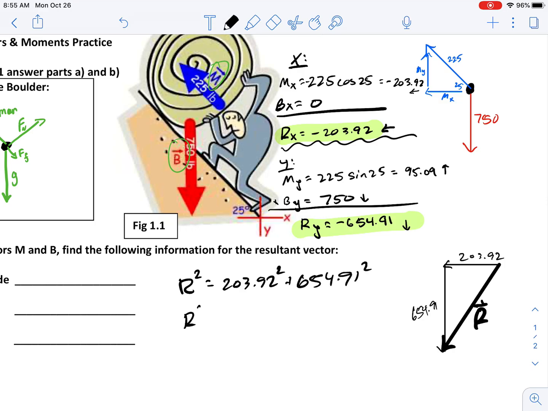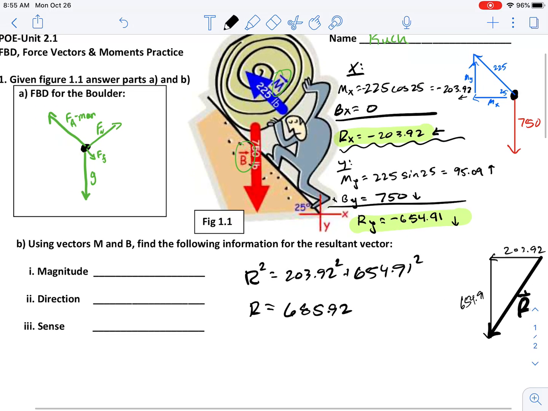And if we do that math, it's not too difficult, we get r equals 685.92. And so that is the magnitude of the resultant vector. And now put that unit on there, pounds. The sense, of course, is going to be left and down.